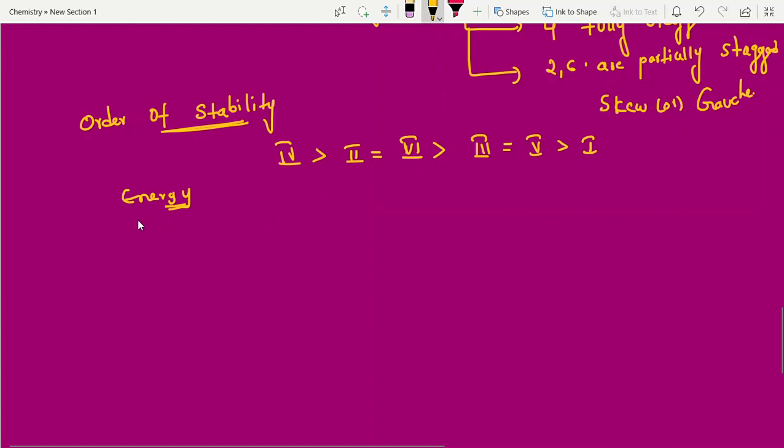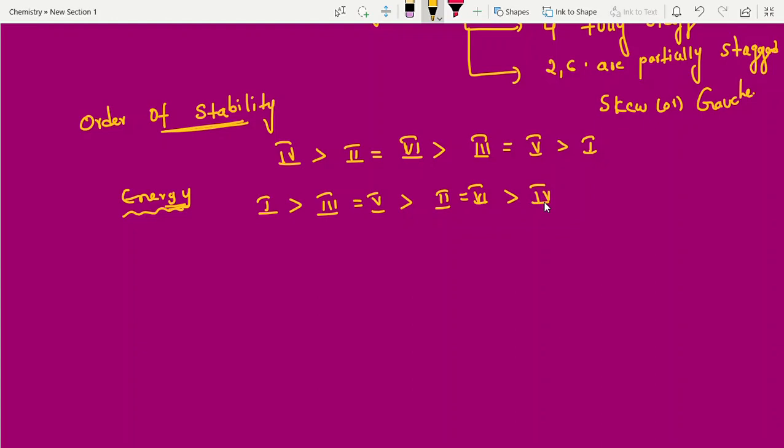So what is the energy order? 1 greater than 3 equal to 5, that is greater than 2 equal to 6, that is greater than the fourth one. That's all. This is the energy order. Clear, students?